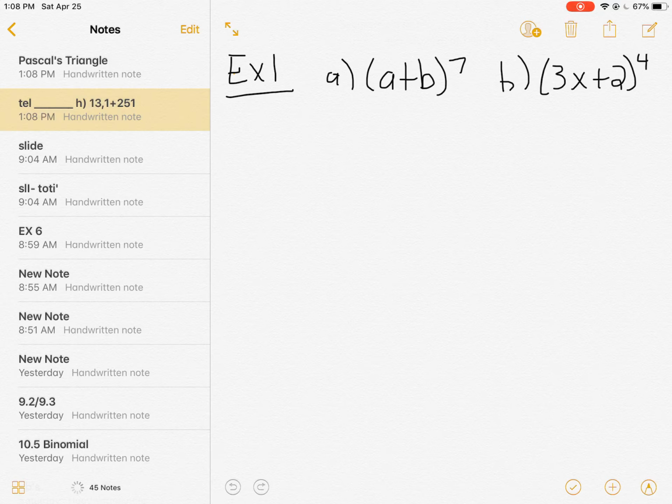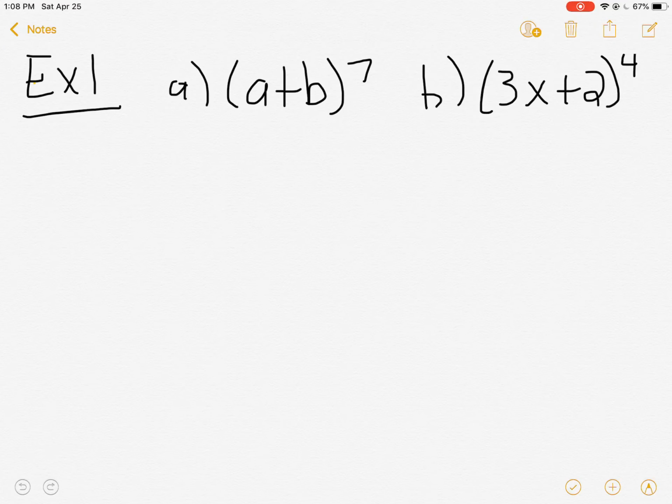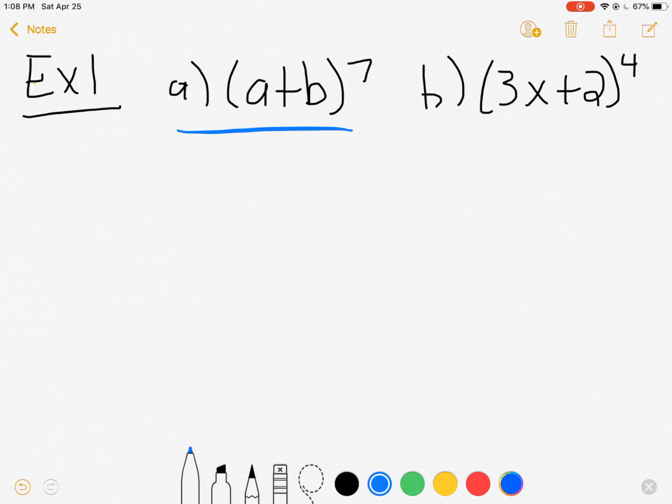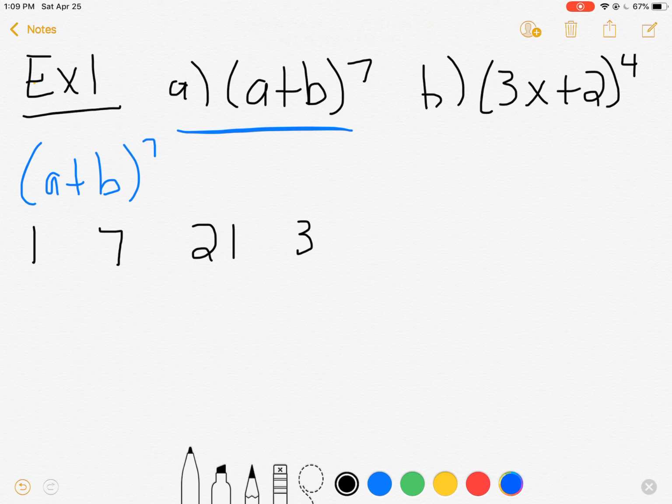So in doing A part, if I take a plus b to the 7th, then I'm going to look at the 7th row of Pascal's Triangle. So I'm going to write down those numbers. It was 1, 7, 21, 35, 35, 21, 7, and 1.